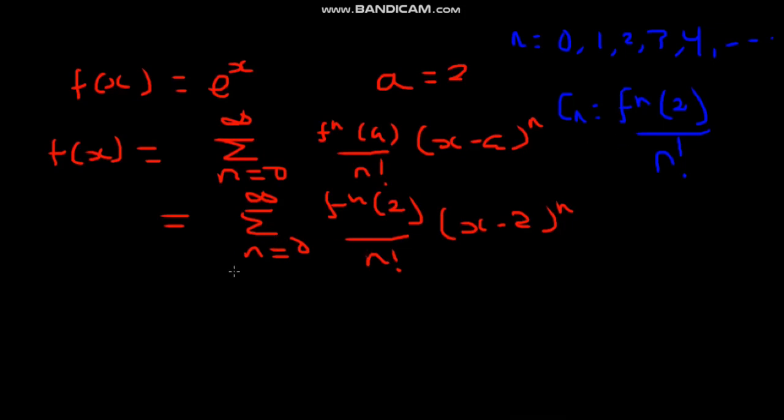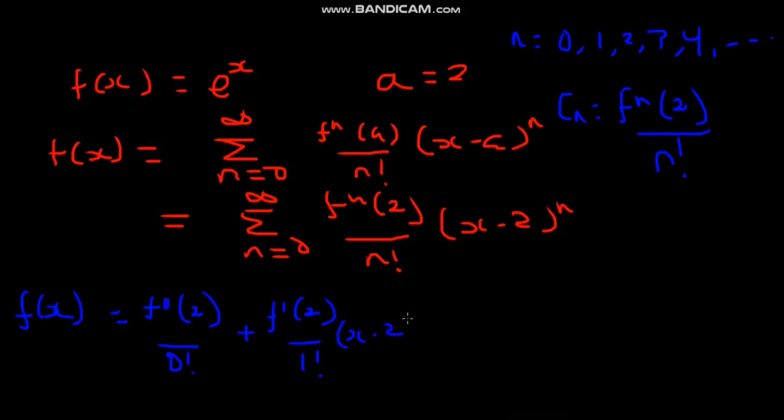Now I'm going to write what the series will be. f of x, for e to the power x, will be the zero derivative of the function at 2 over 0 factorial, plus the first derivative of the function at 2 over 1 factorial multiplying x minus 2 to the power 1, plus the second derivative of the function at 2 over 2 factorial multiplying x minus 2 to the power 2. So this will go on.